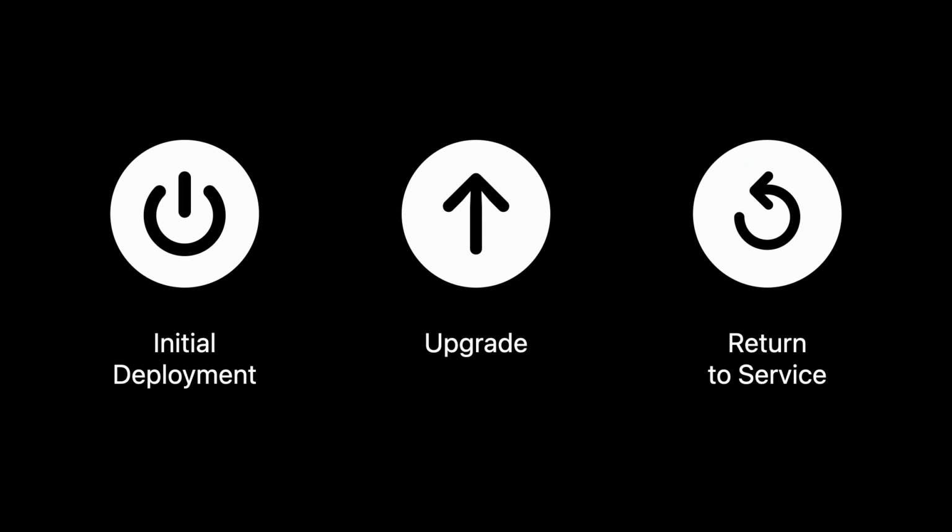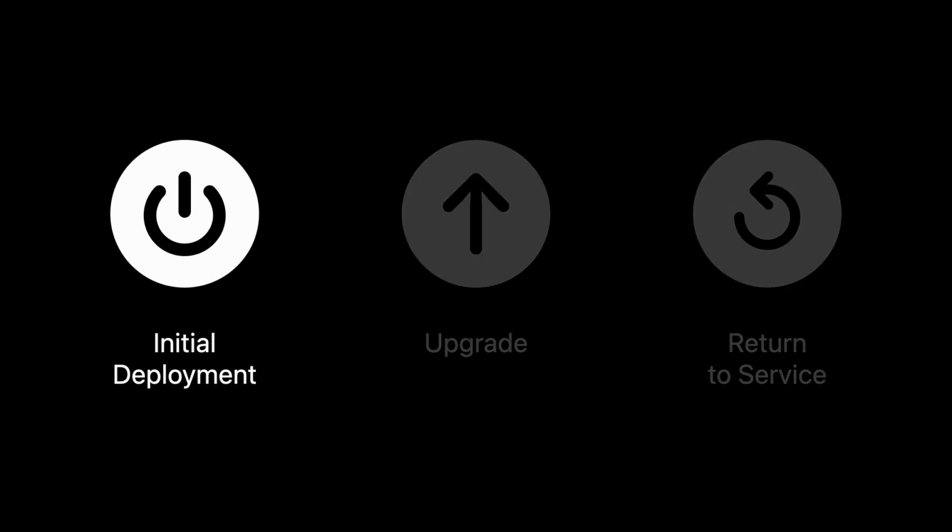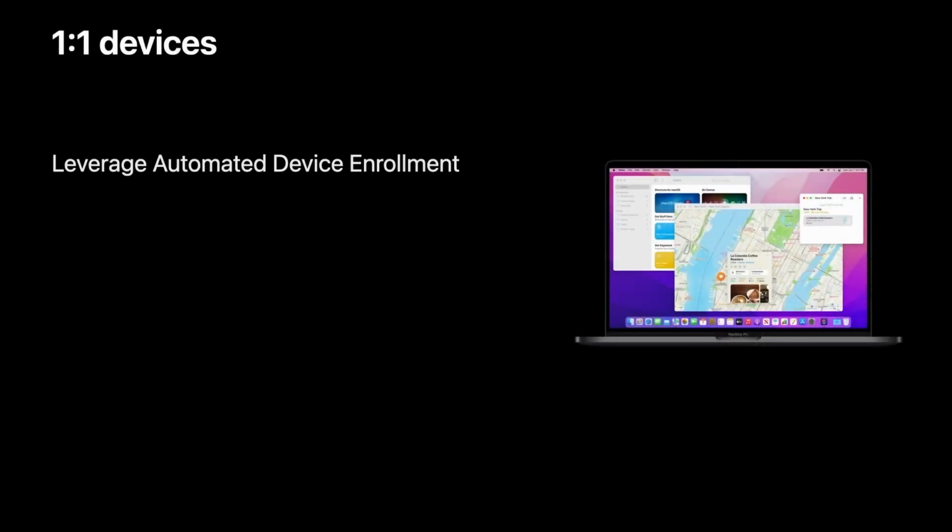Now let's explore specifics around initial deployment, upgrade, and return to service, starting with initial deployment. For initial deployments of Mac computers in a one-to-one environment, the best experience for both users and IT is to leverage an out-of-box workflow that uses MDM and automated device enrollment as a part of Apple Business Manager or Apple School Manager.